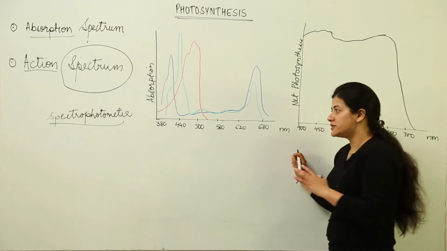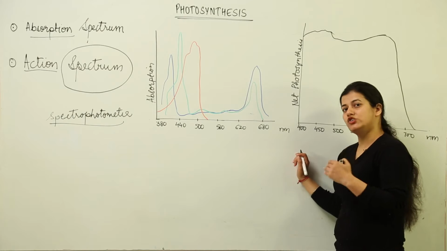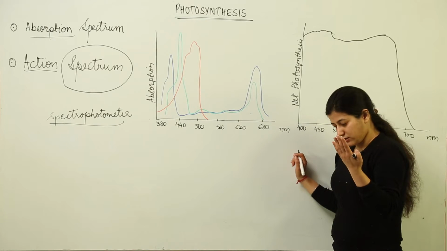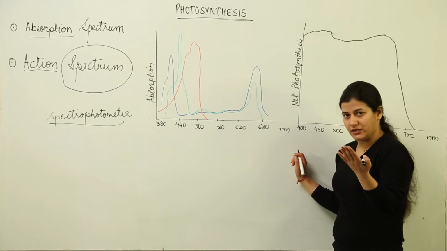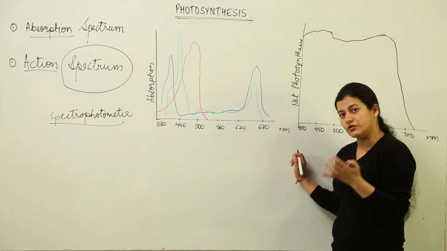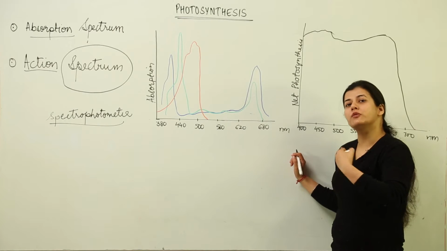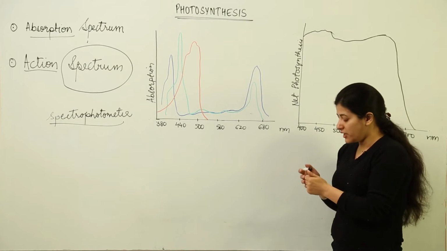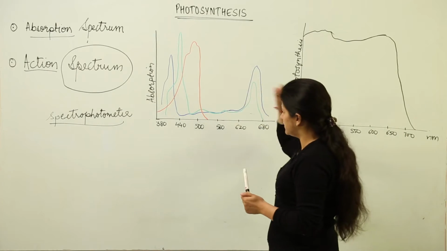Now this absorption spectrum shows us how each photosynthetic pigment that we are considering is going to absorb, which wavelength it is going to absorb, and where the absorption is maximum. What you see over here is that I have used three colors to represent.